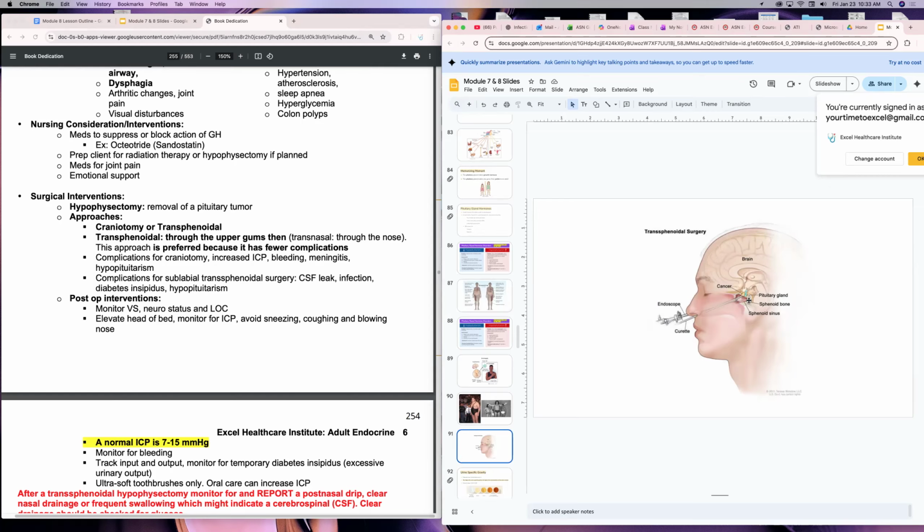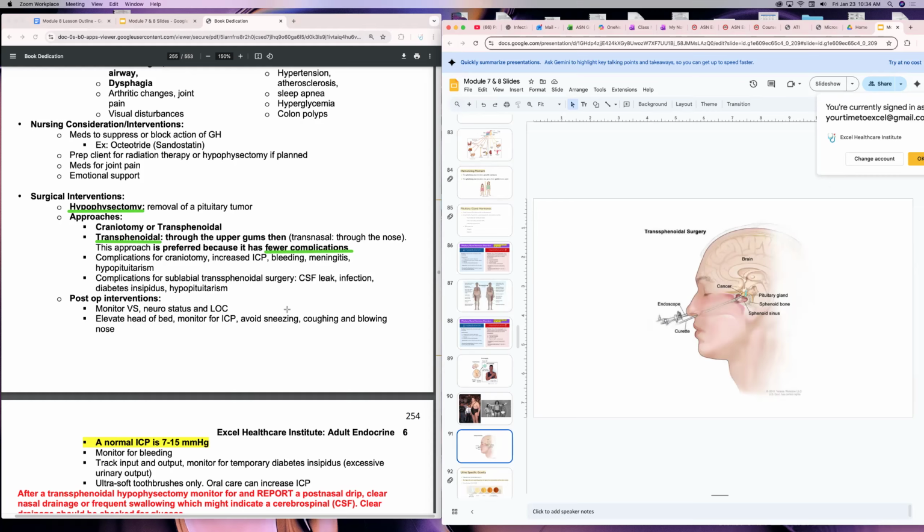So just remember, transsphenoidal is the preferred approach for this surgery, which is called a hypophysectomy. Okay? So hypophysectomy is a removal of the pituitary tumor. Transsphenoidal approach is preferred because it has fewer complications. But any surgery is going to have potential complications.